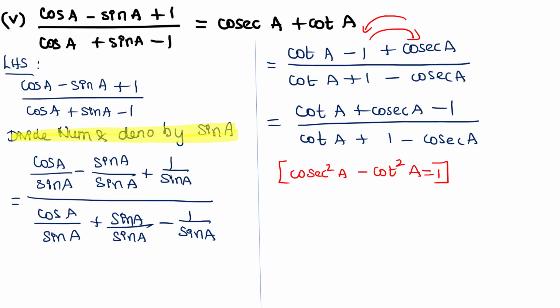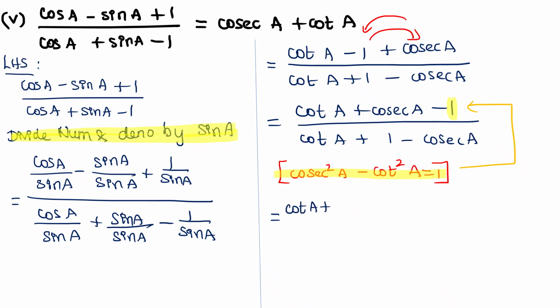So this identity I am going to replace in the place of 1. I'm repeating once again. You have this identity, and in the place of 1, this identity will get replaced. So let me replace and write it over here.